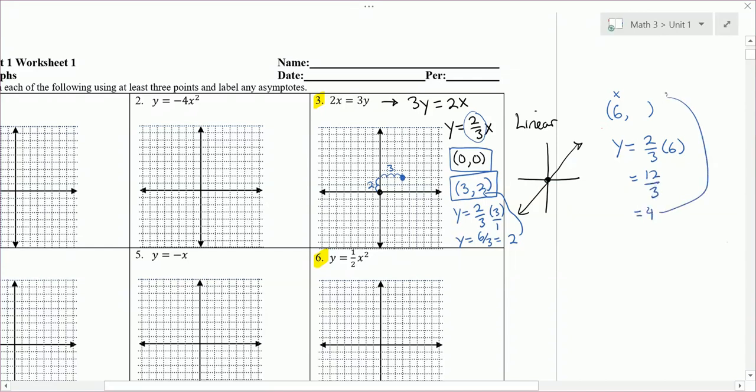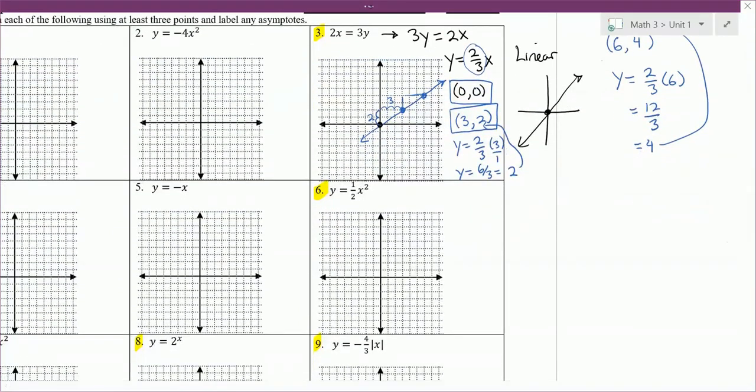And then I plug in the 4, that's my y value. And I can plot that. So I'm going to go right 1, 2, 3, 4, 5, 6, up 1, 2, 3, 4. And again, we could have used our slope. Notice you go up 2, right 3 again. But these points should line up because this is linear. And there's our graph.